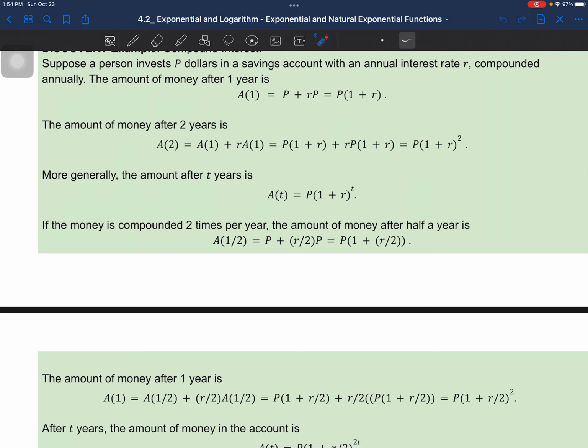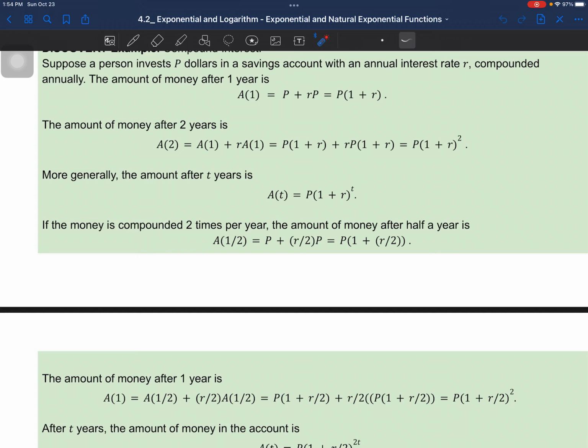We need to think about, well, what happens if we compound this more within 1 year? And here's an example. Let's say you compounded this investment twice per year, right? Twice per year. So in order for us to compound this twice a year, what we need to do is take the rate of interest and divide it by 2, right?